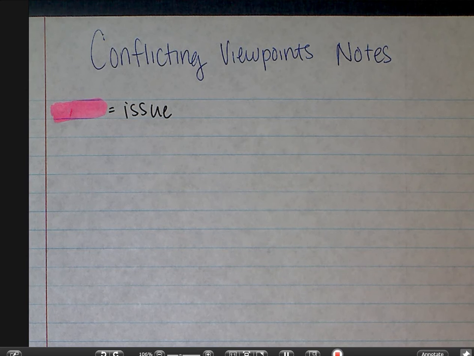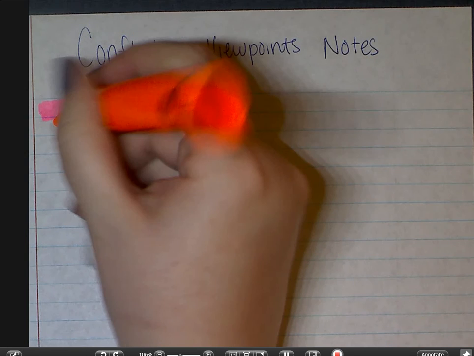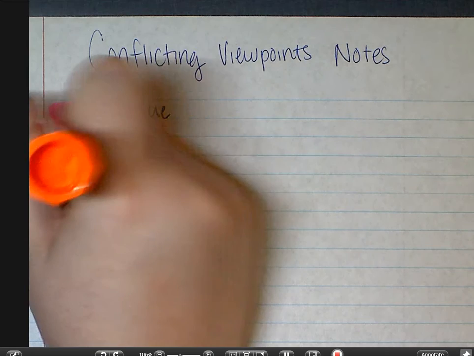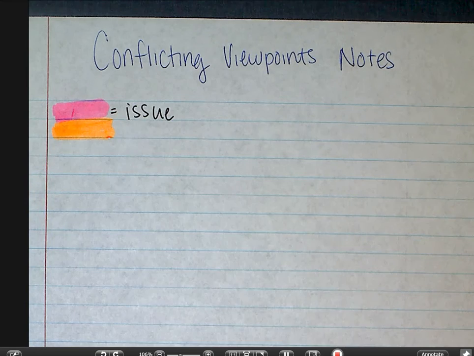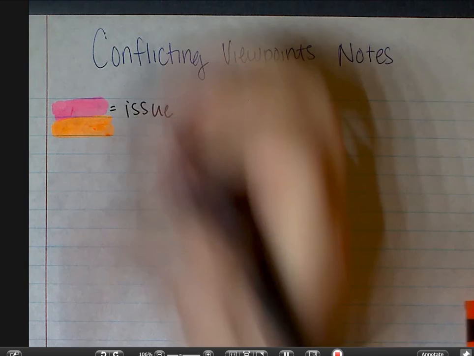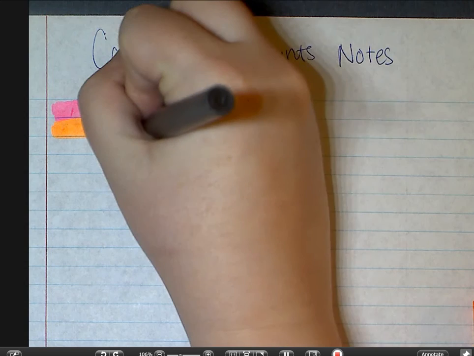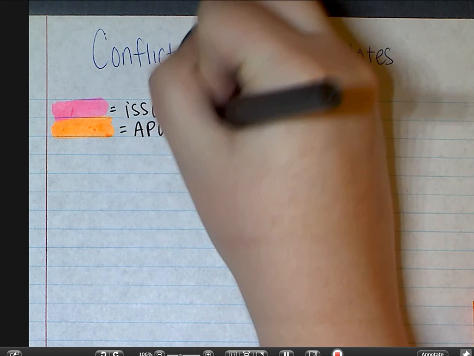The second one is orange. And this is going to be the author's point of view of the issue.